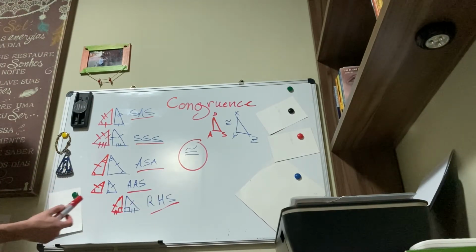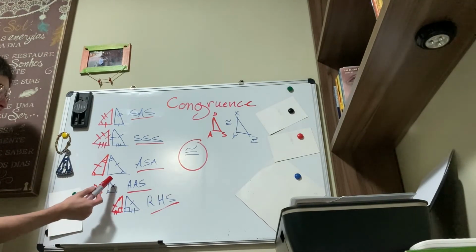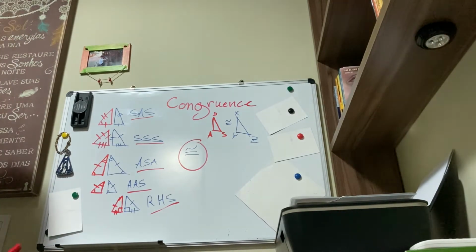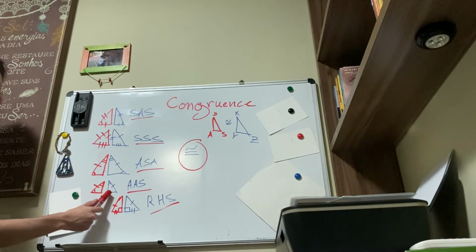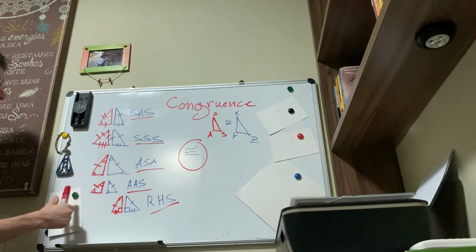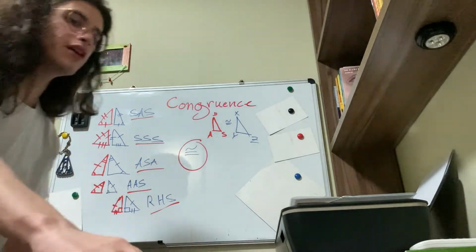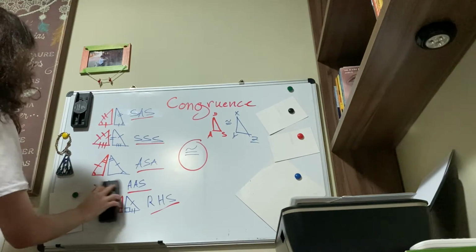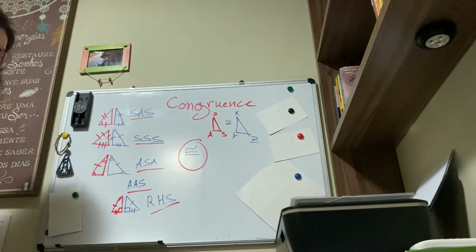So AAS is angle, angle, side. So if you have two triangles with two angles that are the same, then another pair of angles that are the same. Sorry, hang on. Let me draw this a little better here. That was incorrectly drawn.